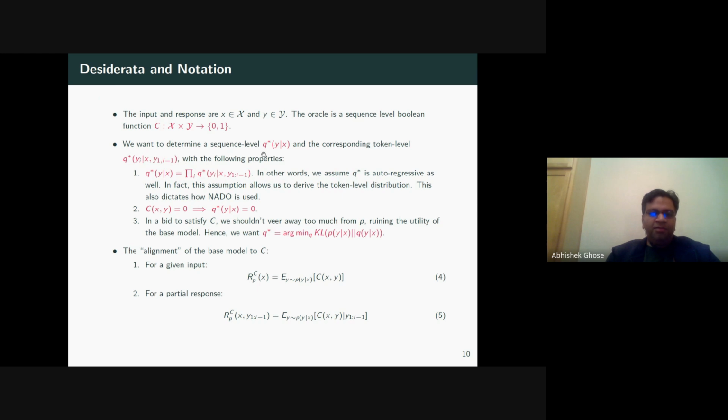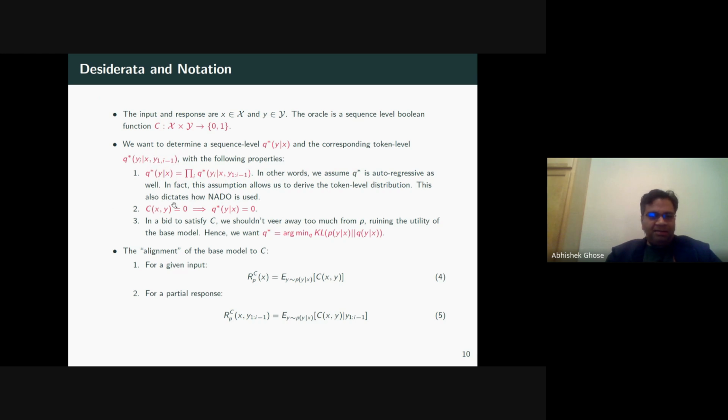If you give me the optimal sequence level correction, I can't do much with it, because an autoregressive model produces one symbol at a time, and I have to fix things one symbol at a time, right? So the optimal sequence level distribution is a nice thing to have. It's of academic interest, but I really need the optimal token level distribution, right?